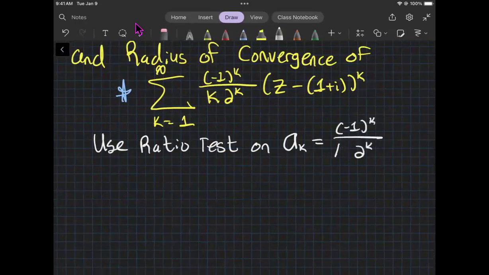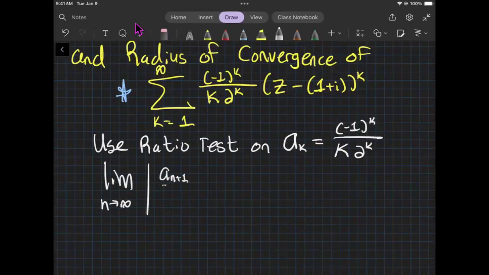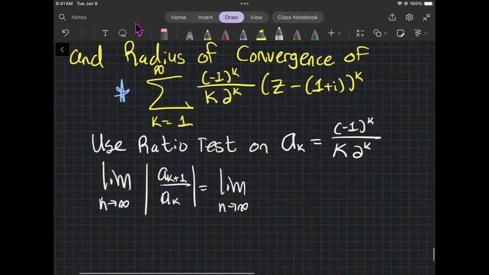So we want the limit as k goes to infinity of the absolute value of a sub k plus 1 divided by a sub k.